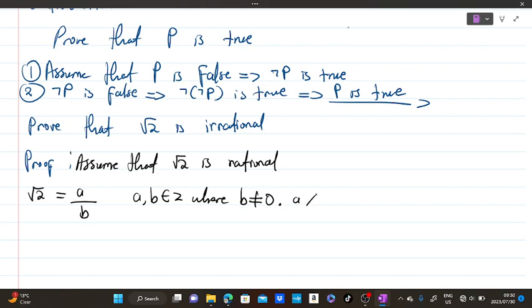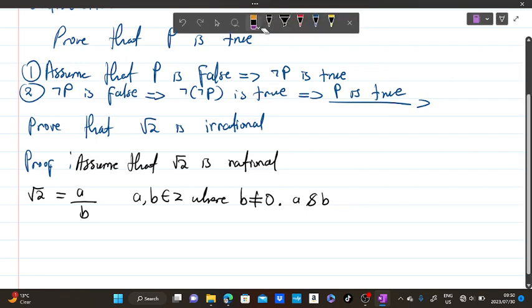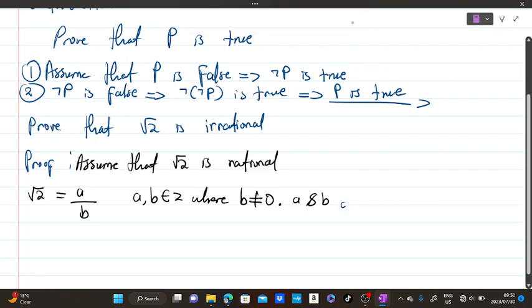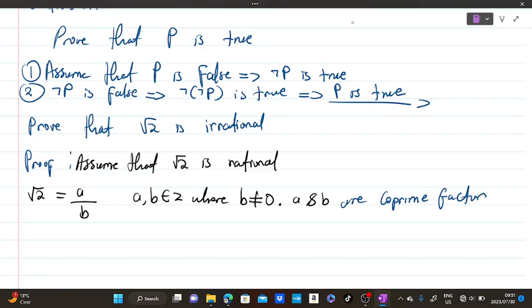Again, a and b are co-prime factors. This means that a and b have no common divisor.